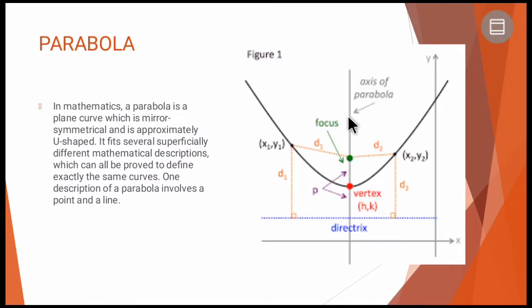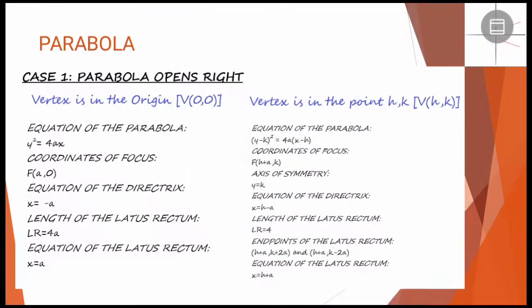So, let's proceed. We have the 4 cases of the parabola so that you will be aware when you are going to solve problems regarding this. Number 1, the parabola that opens right. You can see the graph here, it opens to the right.